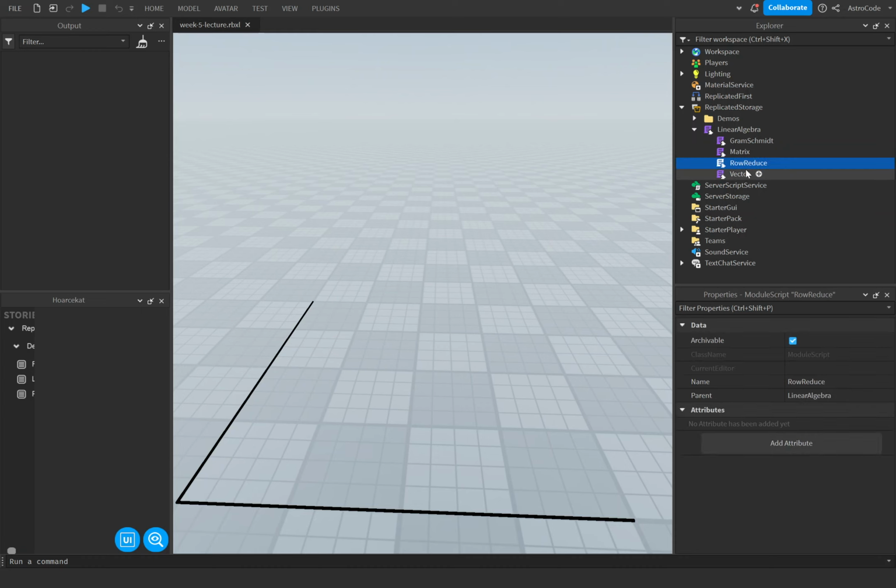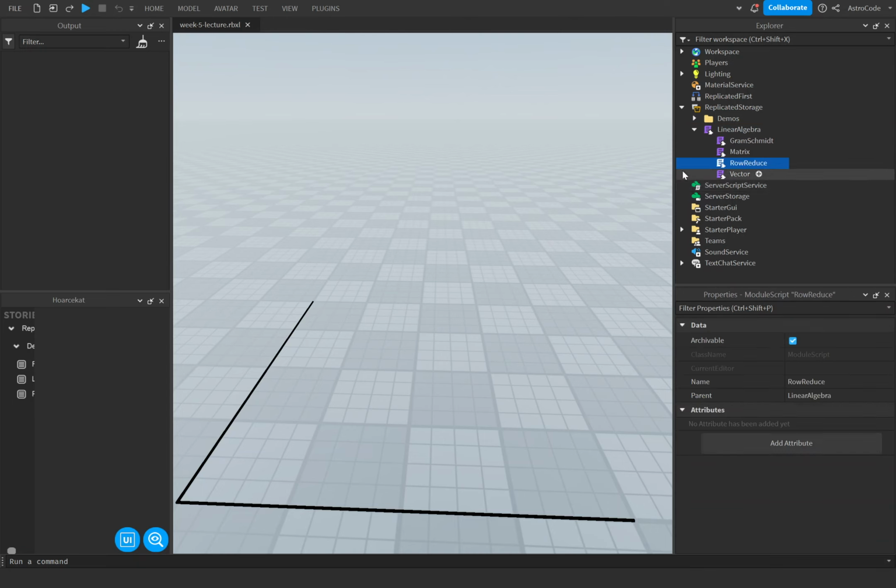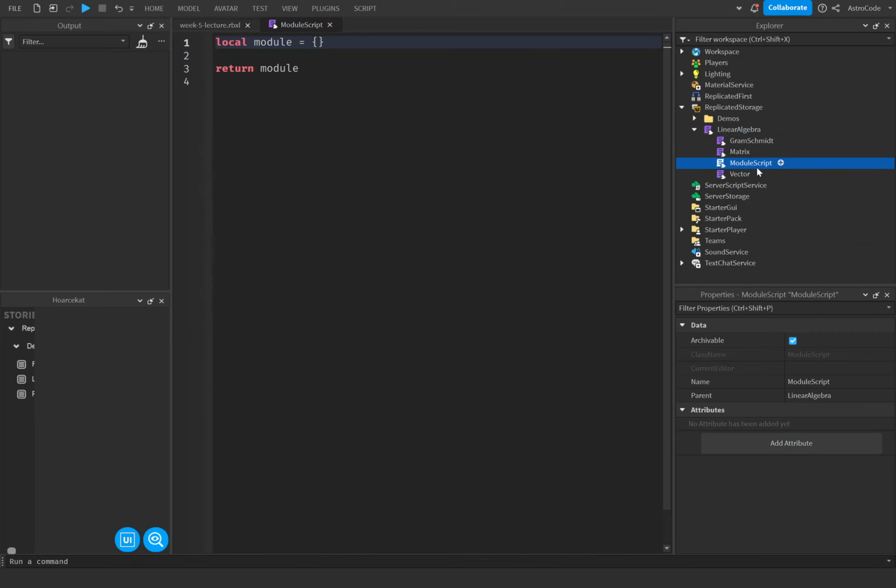Okay, I'm going to delete that, and we're going to create a new row reduce. We did get row reduce started last week. I don't think I have that on my computer right now, so we'll have to restart. But maybe that's not the worst thing.